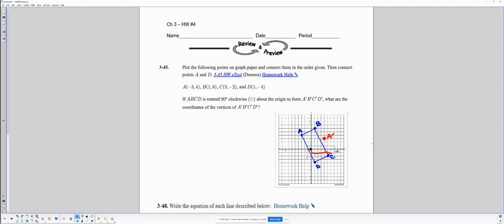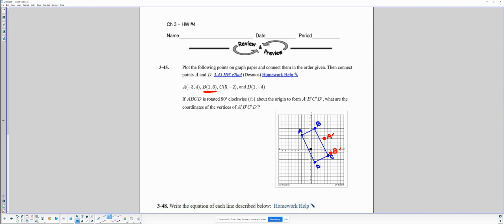So my new point B, that's B prime, is going to be down 1 and over 6. Okay, remember, B originally was over 1 to the right and then up 6. But when we rotate that 90 degrees clockwise, it became down 1 and over 6. Or the x coordinate would be 6 and the y coordinate would be -1. Okay, so I'm going to get rid of that little hook.